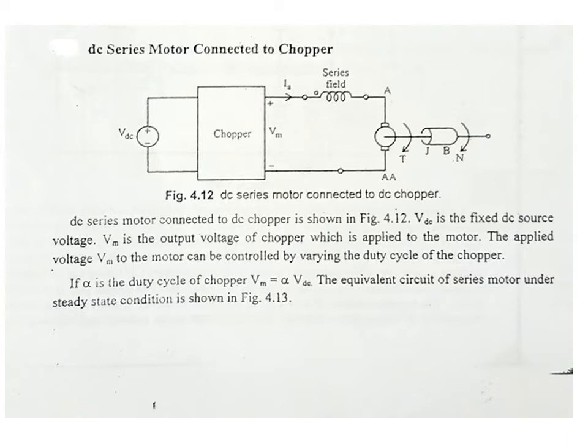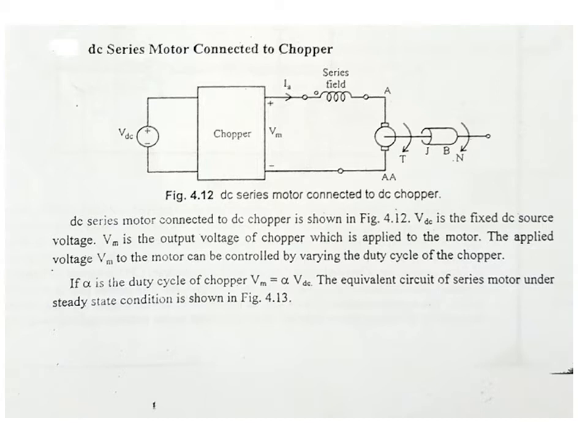So here the armature and series field windings are connected in series. The armature current IA flows through the series field as well as the armature winding. In this circuit A and AA represent the armature circuit winding. Here T represents the torque and N represents the speed of the DC series motor.